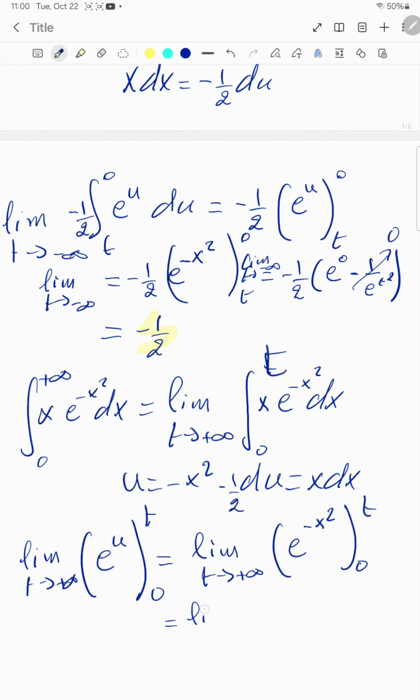Instead of e to the power minus x squared, I can put 1 over e to the power x squared between 0 and t.